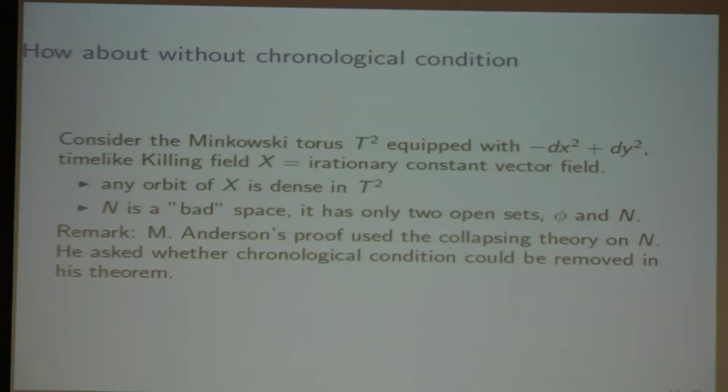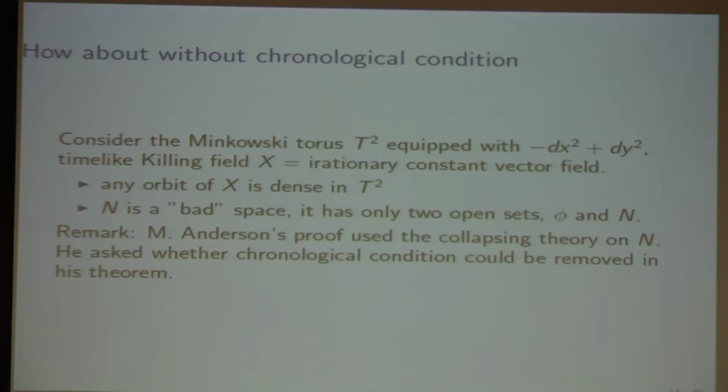So how about without this chronological condition? What will happen if we do not have this chronological condition? Let's consider a simple example. We consider the Minkowski torus, T2. So this is a two-dimensional example. We equip T2 with a flat Lorentzian metric, minus dx squared plus dy squared.